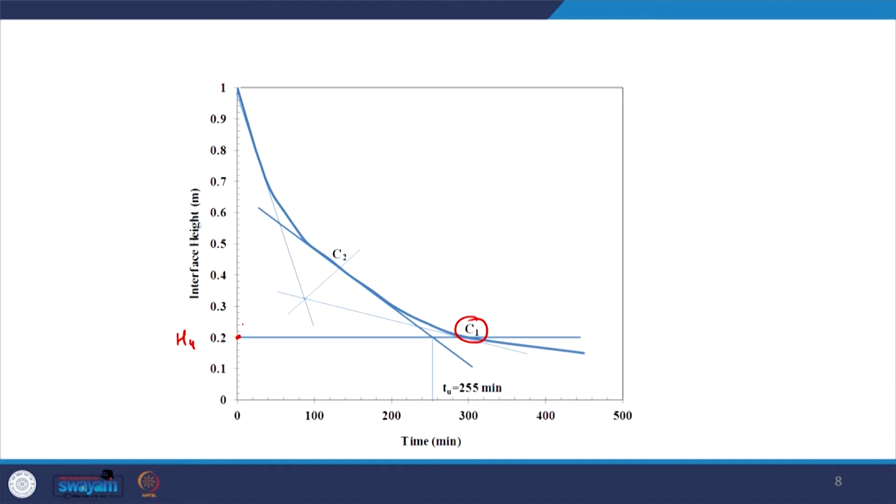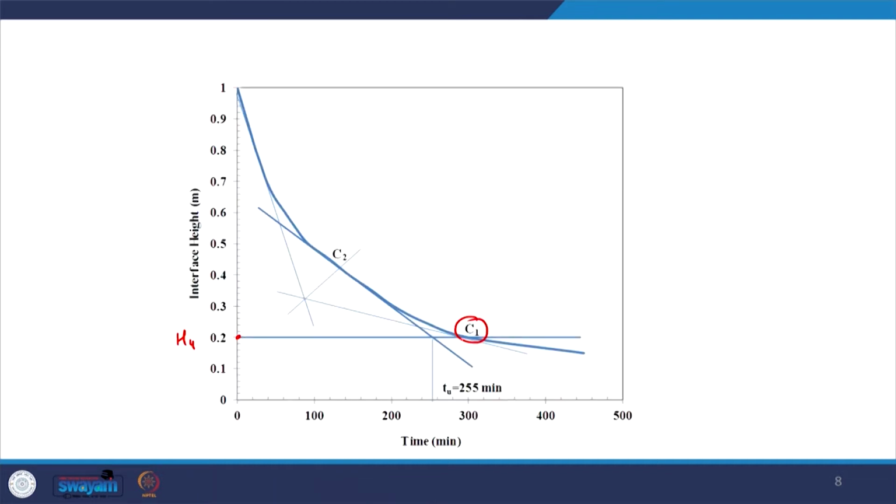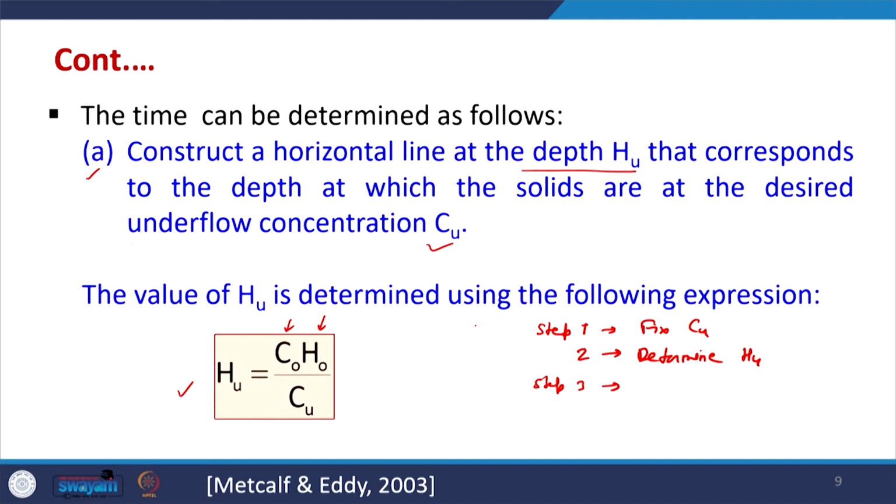Now, from this point, step 3: we construct a horizontal line at depth Hu, and it meets the subsidence line at point C1. So, we determine this point C1 at which it meets.